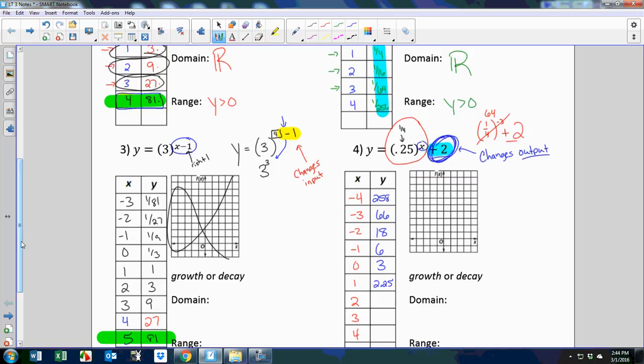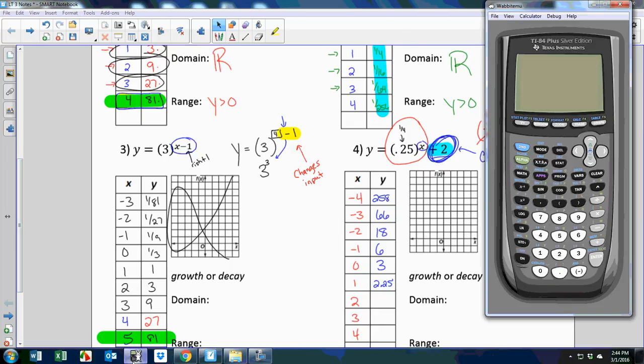When you take 1/4 and add 2, you get 2.25. When you take 2 plus 1/16, you get the decimal 2.0625. When you take 2 and add the fraction 1/64, you get the decimal 2.0152, so about 2.0152.